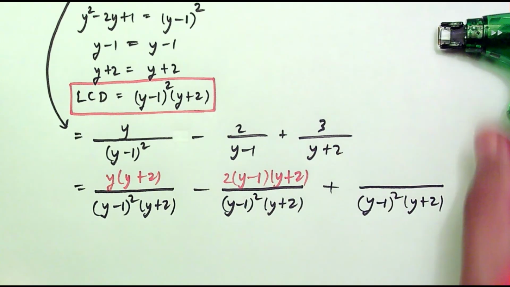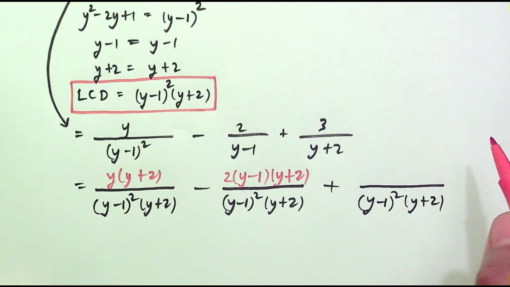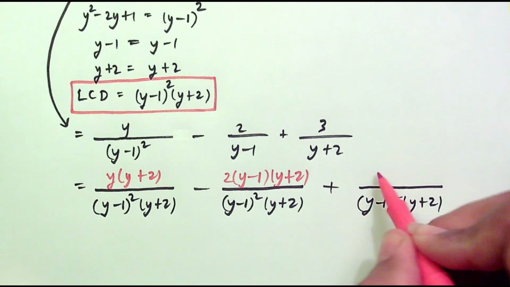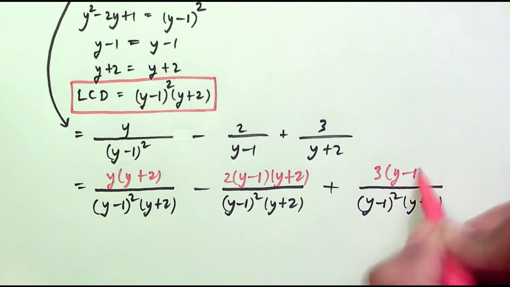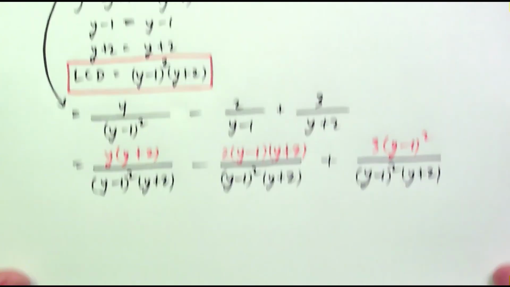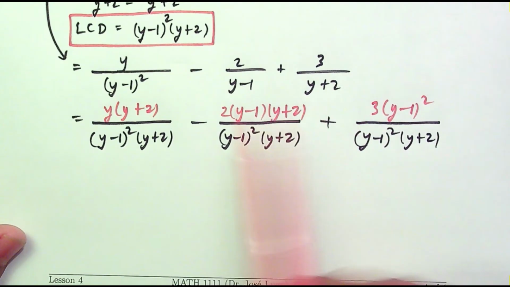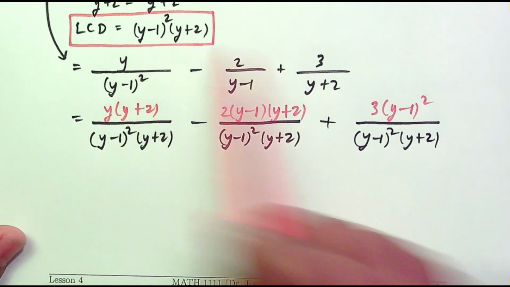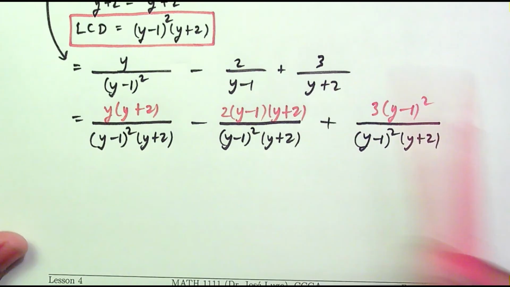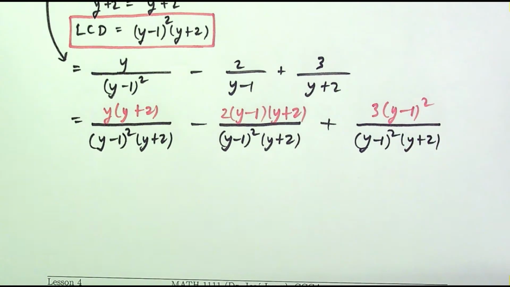And for the last one, what is missing? The y minus 1 squared. Okay, I need on the bottom y minus 1 squared, y plus 2. I already have the y plus 2, so I'm missing the y minus 1 squared.